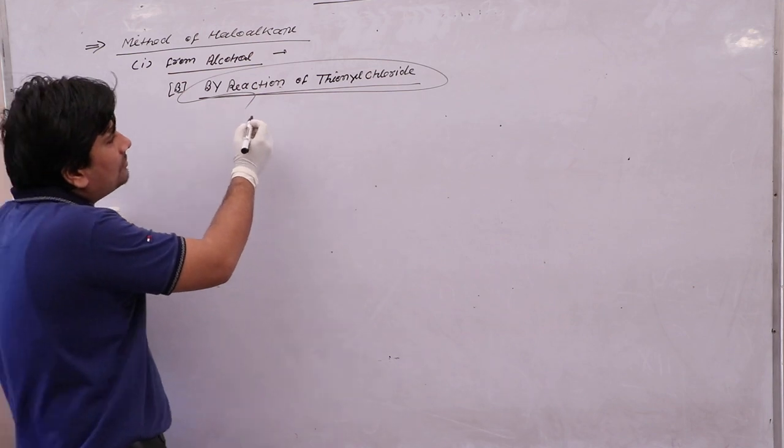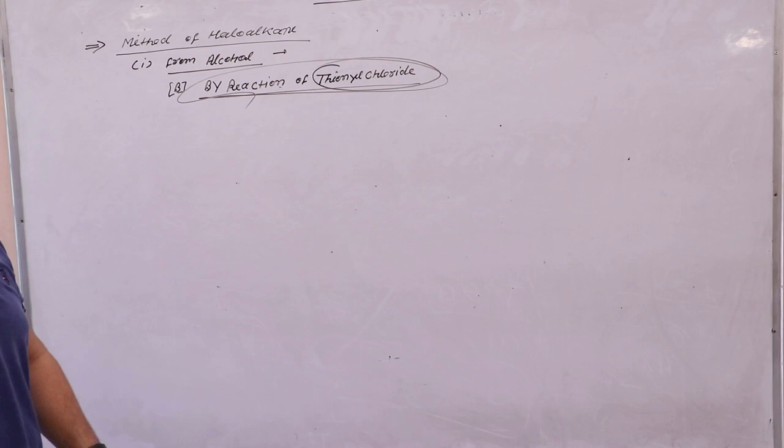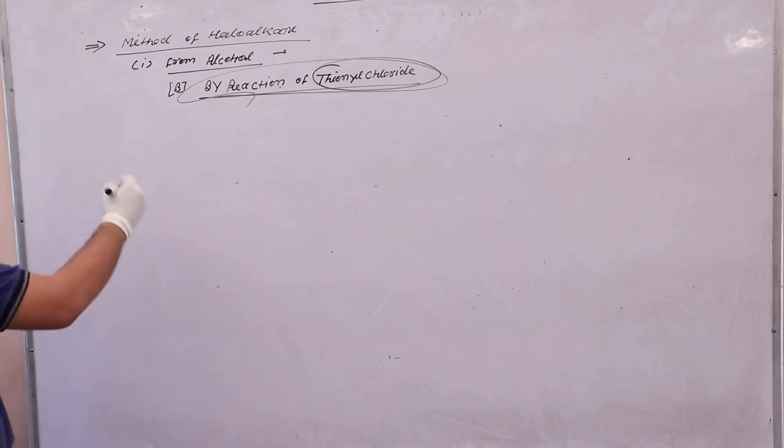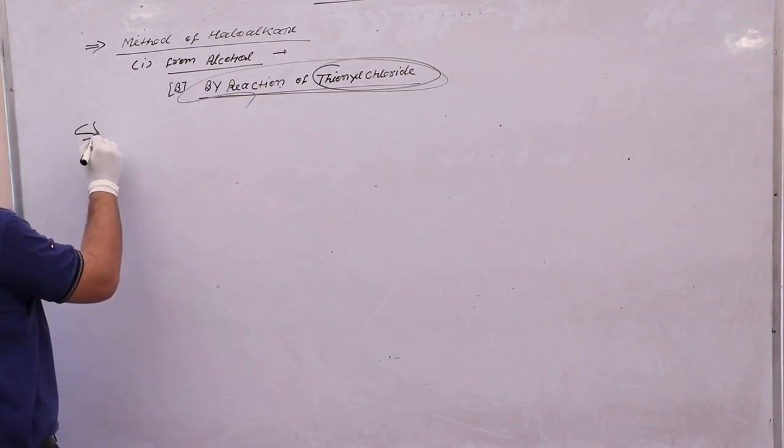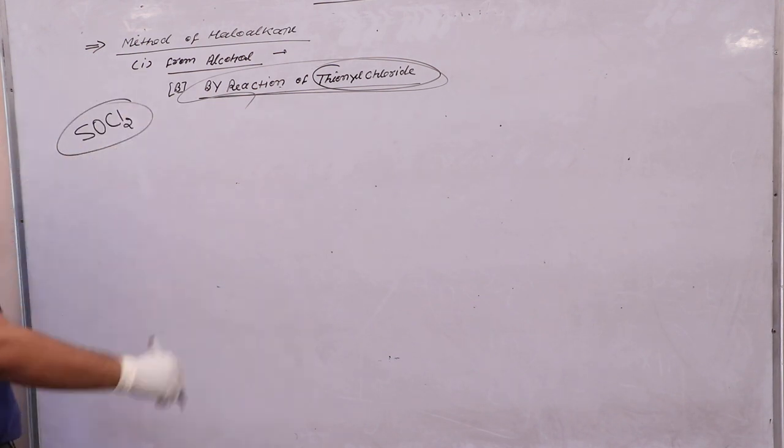First of all, what is thionyl chloride? The basic formula of thionyl chloride is SOCl2.